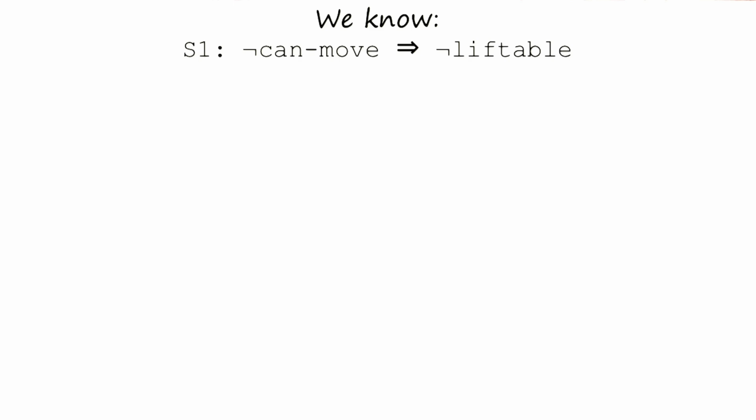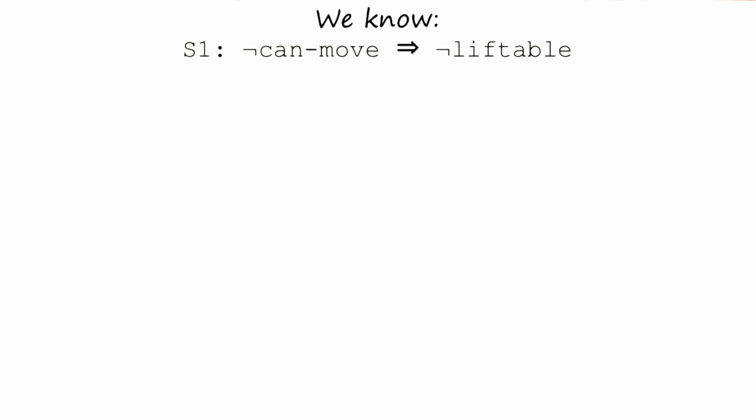They glue the widget to the assembly line belt so that when the robot tries to move it, it cannot move it. But the robot is a smart robot. This is a logical agent. So when it cannot move it, it uses its logical reasoning to figure out that the box is not liftable. And the moment it knows that the box is not liftable, it lets go of the box. It moves on to the next one. Everyone got the story?